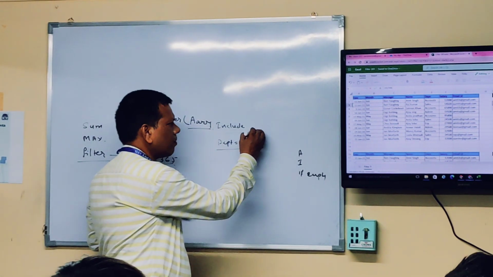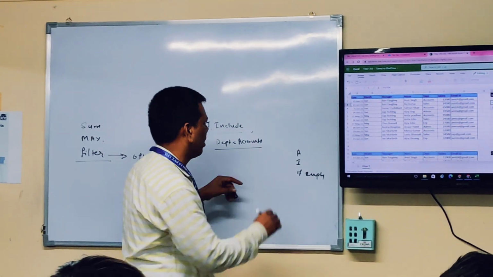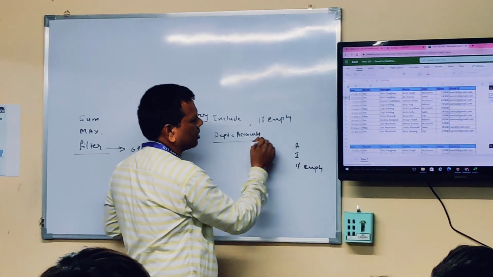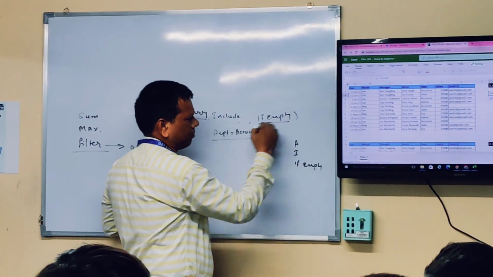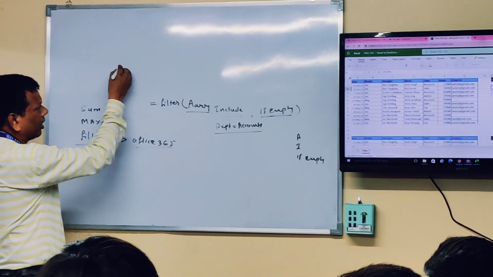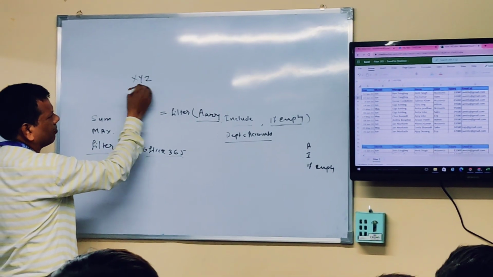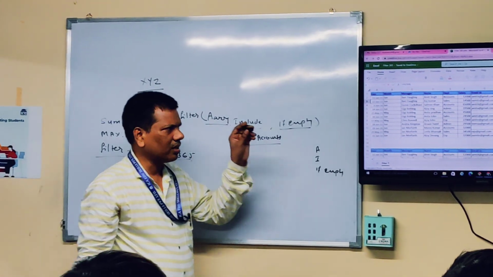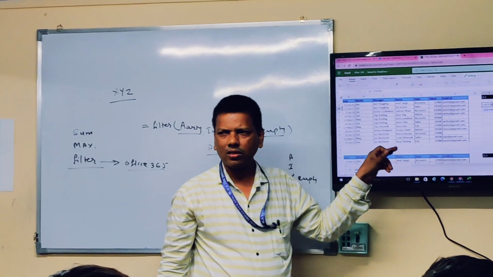Correct? Now the next option we have is if empty. As the name suggests, if empty. For example, I am looking for a department called XYZ. Is this XYZ there in the department list?